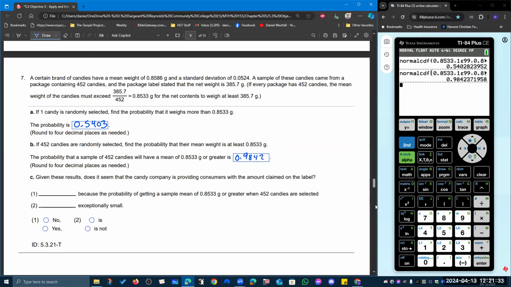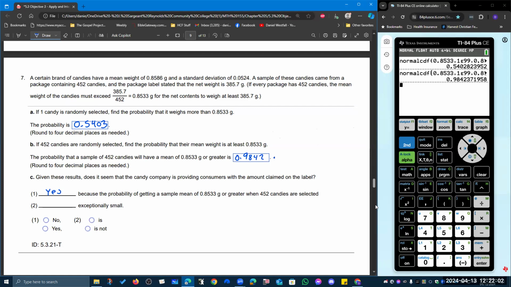Given these results, does it seem that the candy company is providing customers with the amount claimed on the label? We would say yes, it does, based off of this number here, right?